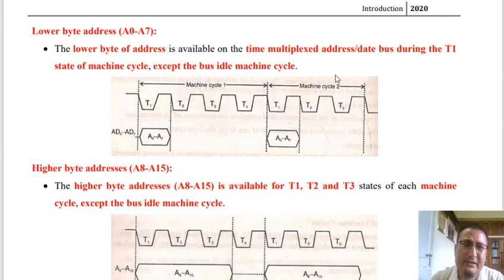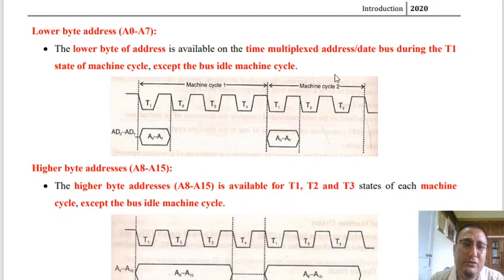Now let us consider the lower byte address. As I've said, AD0 to AD7 are time multiplexed address data lines. At a certain point in time it acts as D0 to D7, and at a certain point in time it acts as A0 to A7.